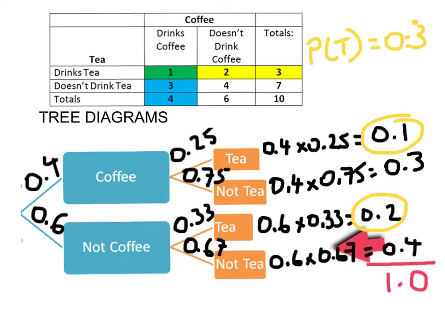So our tree is a different representation of the table. It's good to practice dealing with trees and understanding them, but I'm finding that in the new curriculum and in the exams, if these confuse you, the tables are much clearer and can be used in the place of trees, provided you've got enough information.